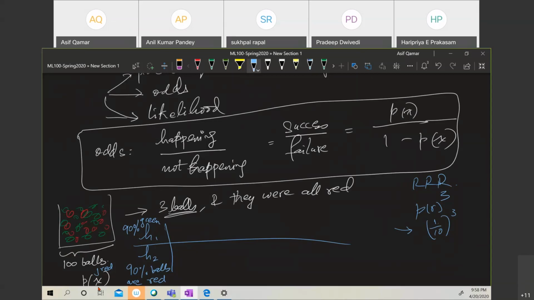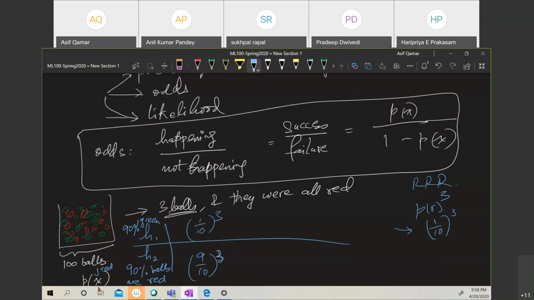On the other hand, by this hypothesis, the probability of red is 9 over 10. So here it will be (9/10) cubed, right? So which looks more likely? The second hypothesis looks more likely, right?